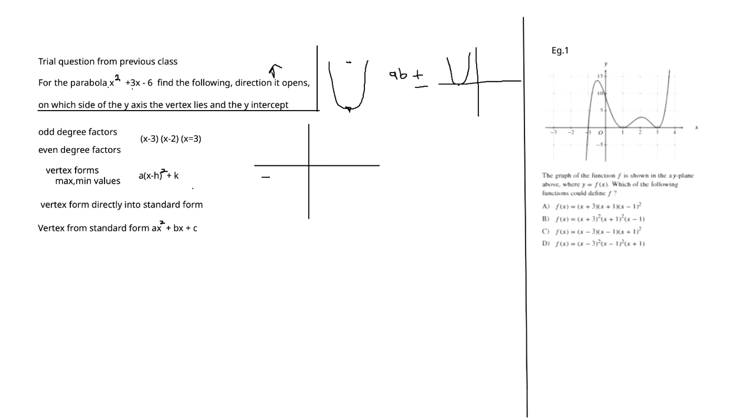You have 2 here, and 3. Sorry, here is supposed to be plus. So you have -3, 2, and 3.